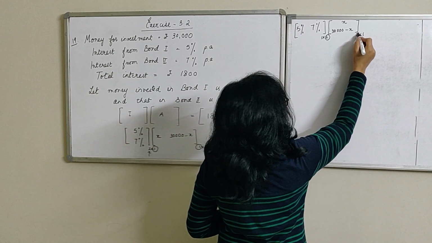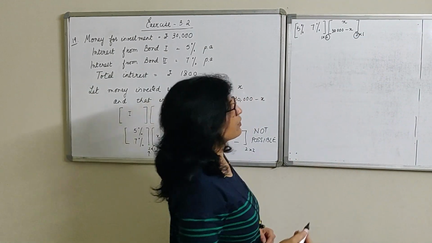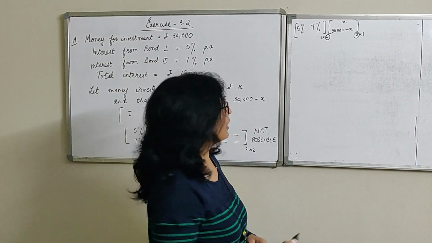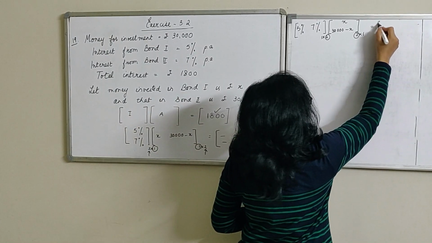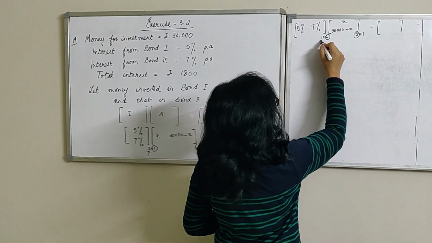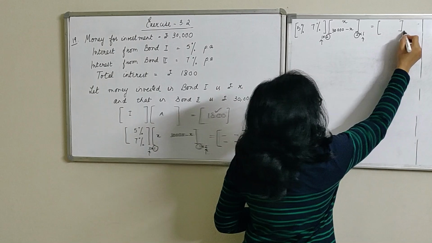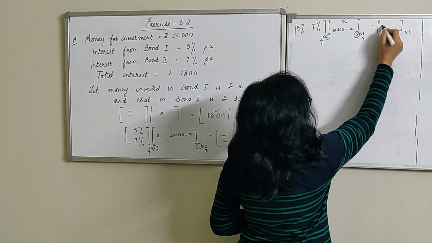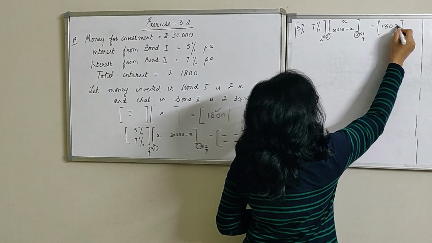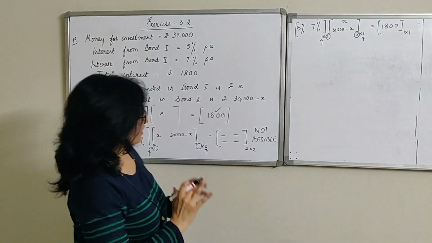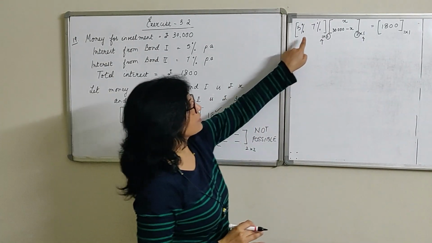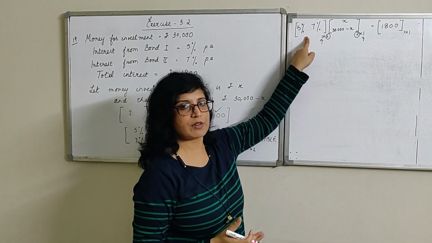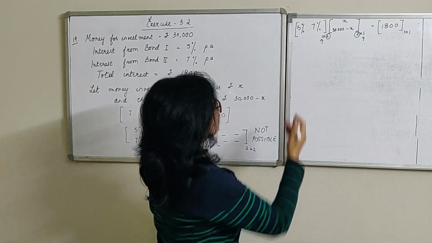The number of columns and number of rows are the same, so matrix multiplication is possible, and the product matrix will be of order 1. This suits our situation because we have only one element in this matrix. So out of the two possibilities, this is the one which satisfies the condition given in the question, so we go ahead with this.